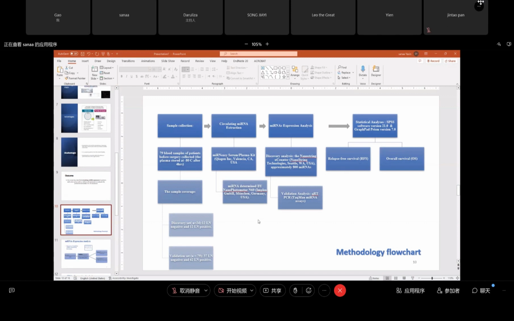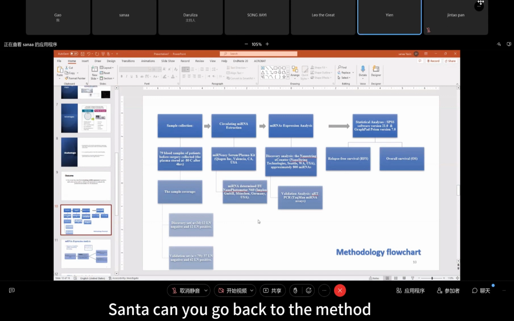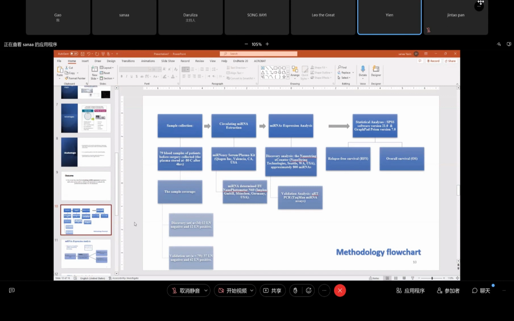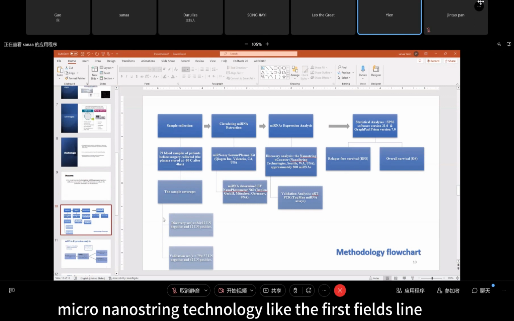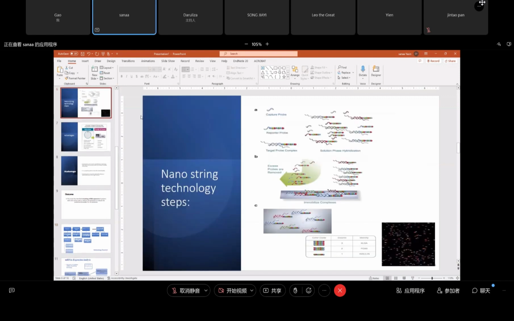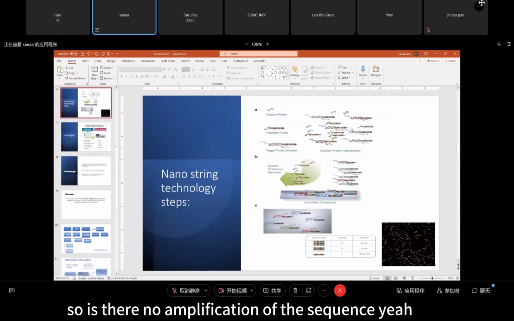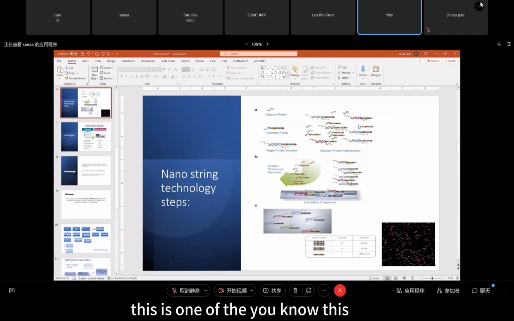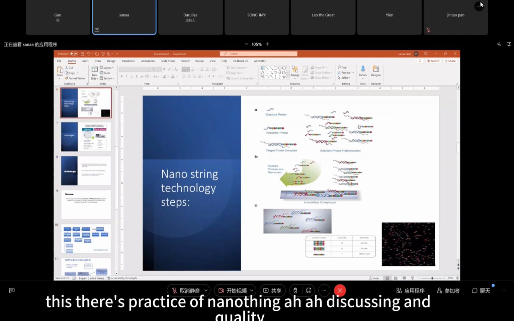All right. Sana, can you go back to the flow chart of the nanostring technology, like the first few slides? Okay, this one. So is there no amplification of the sequence? Yeah, this is one of the characteristics of nanostring.